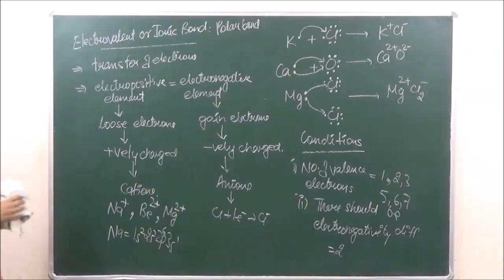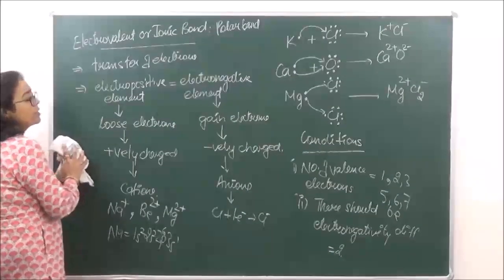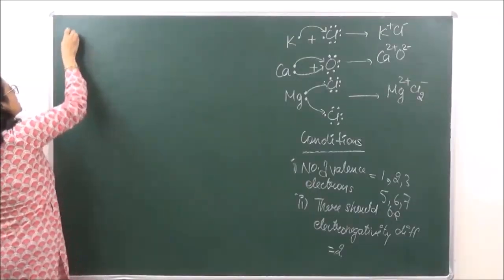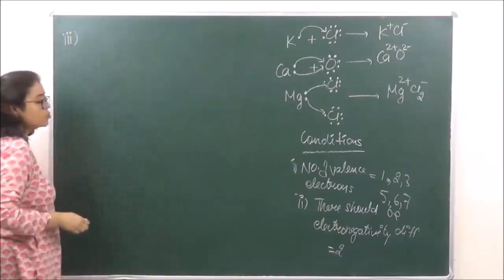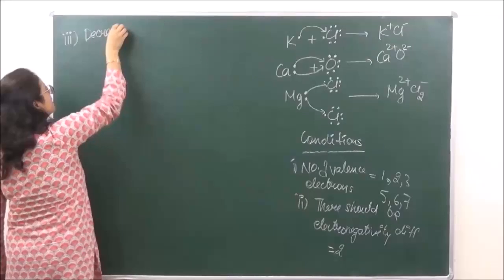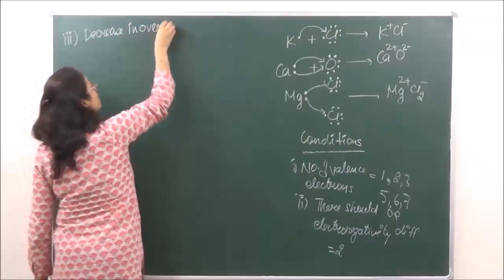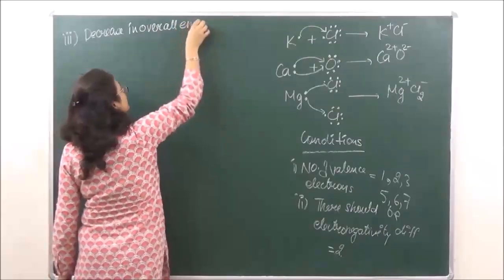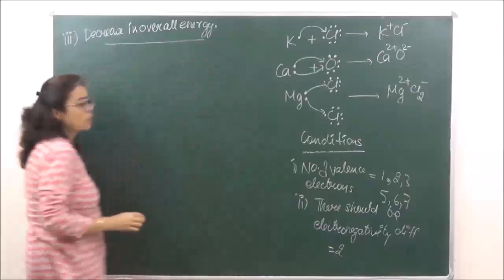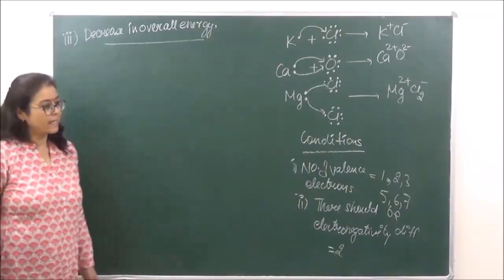Then third is there should be overall decrease in energy. Okay, so what are we saying? Third is that there should be decrease in overall energy. We say that when an ionic bond is formed, there are 3 types of energies which are acting.